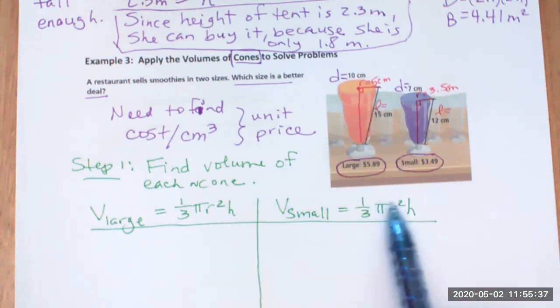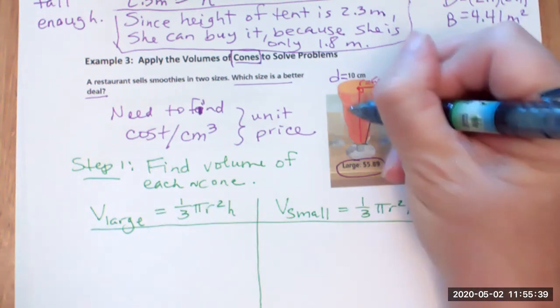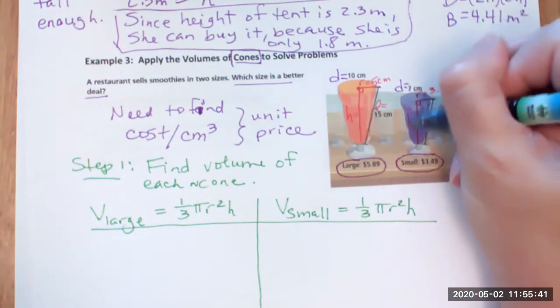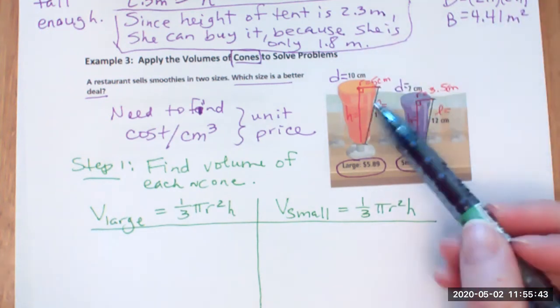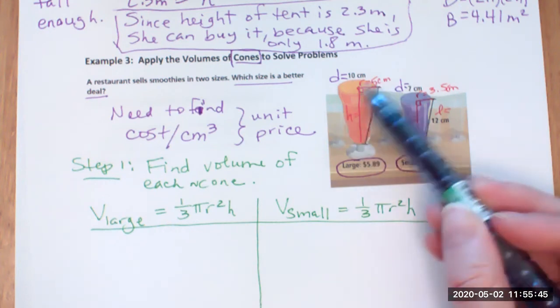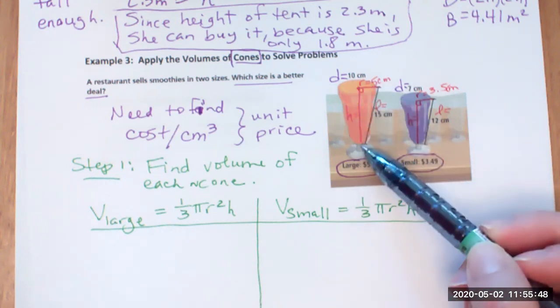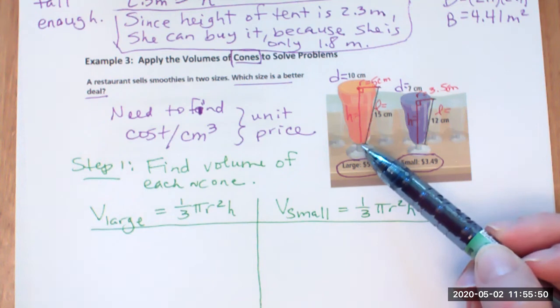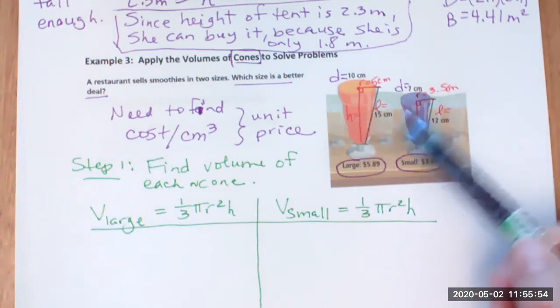But here, we need to know what the height is of each cone. So think about how we are going to figure out the height of the cone in order to calculate the volume.